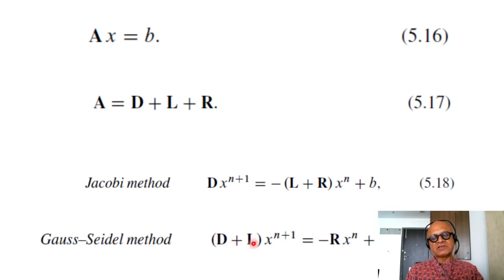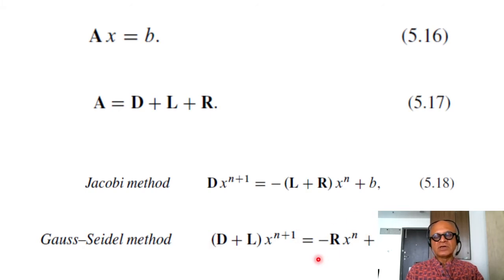So we got (D plus L) times x at n plus 1, still writing our solution for n plus 1 to drive towards equilibrium solution, equal to minus R xn plus b.